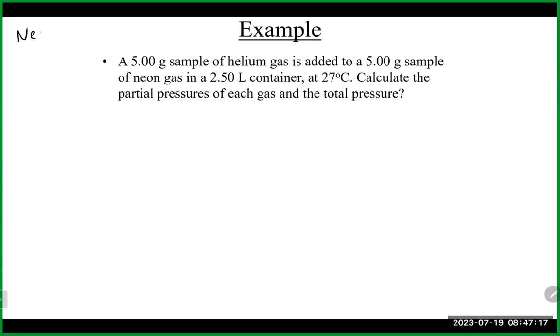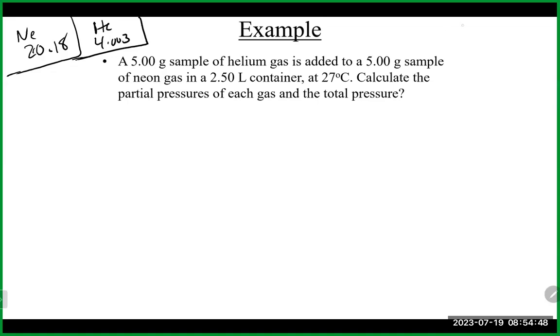Neon is 20.18, and helium is 4.003. Okay, let's take a look, see how we're doing.